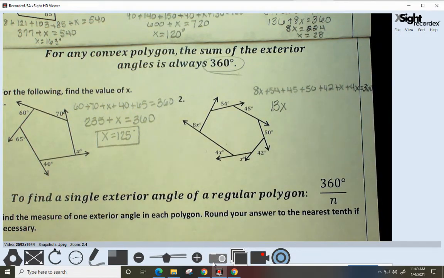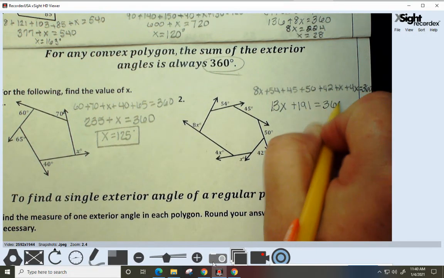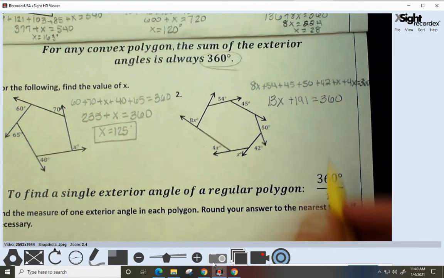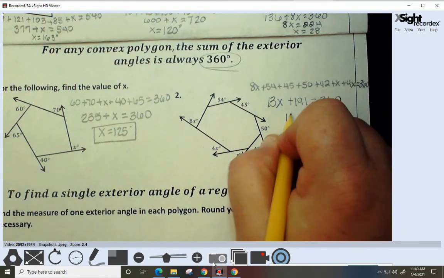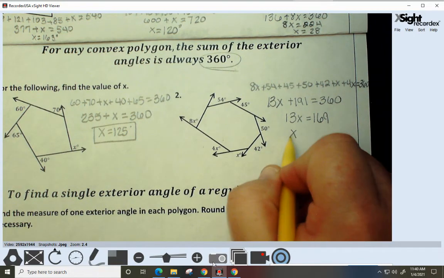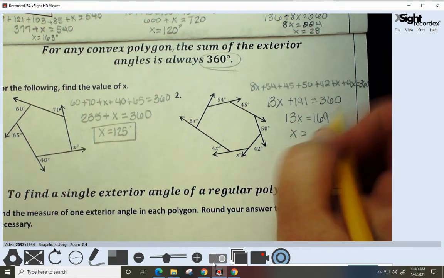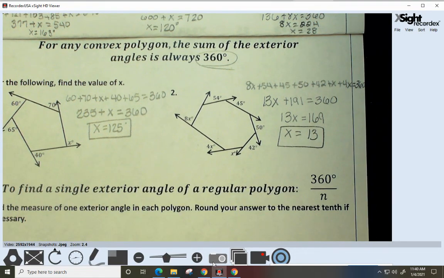Then I've got 54 plus my 45 plus the 50 plus the 42. That's going to give me 191. All still equaling 360 degrees. So 360, I'm going to take away that 191. So I get 13x is equal to 169. And divide by 13. So the x I'm looking for is 13.